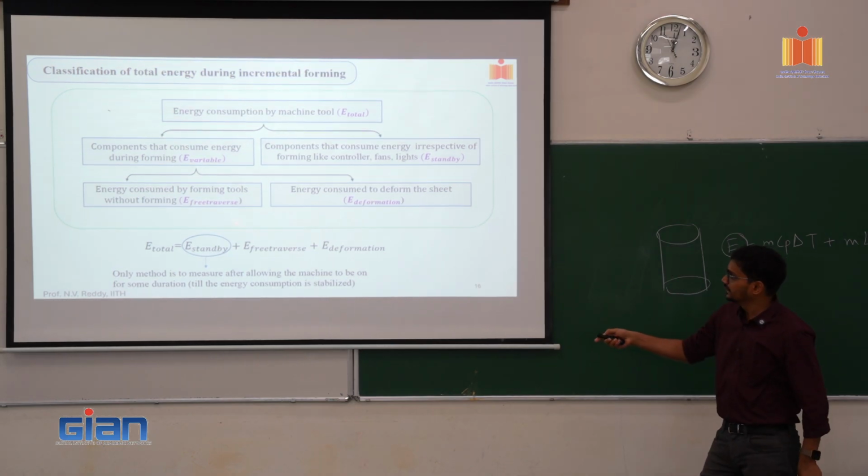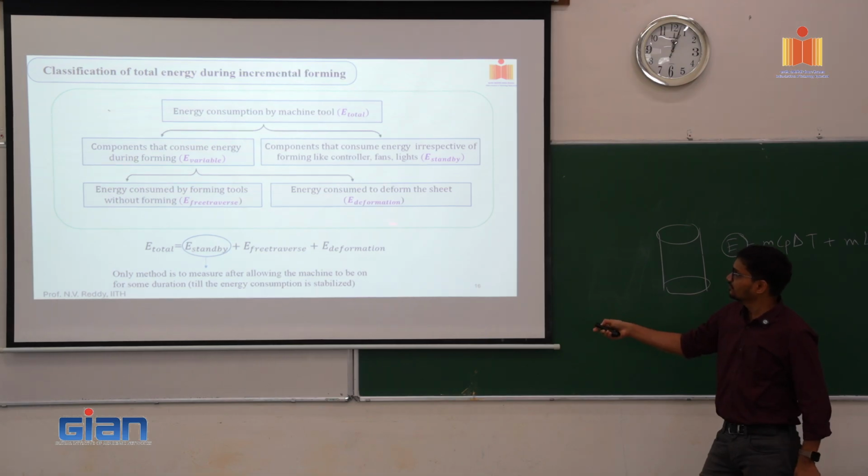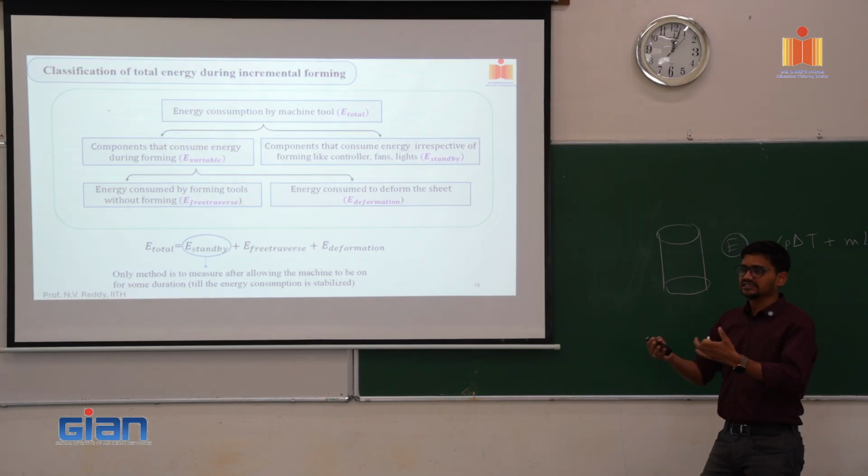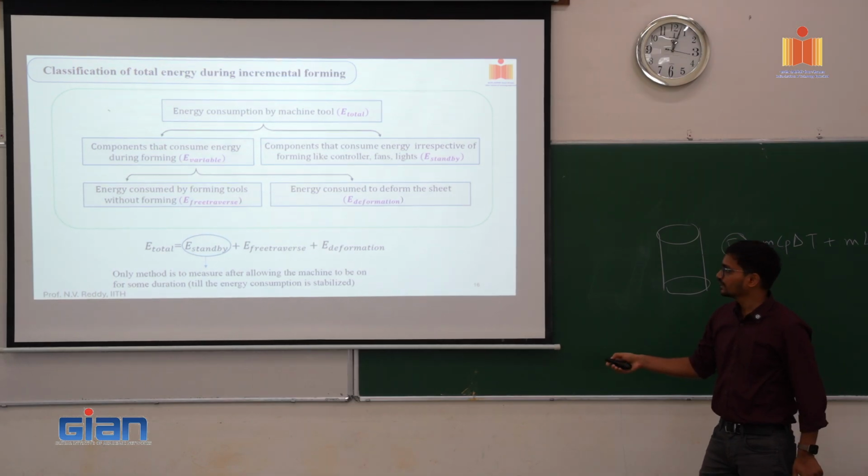The free traverse is the energy required for the movement of the tool when no deformation is happening, and the energy of deformation is the energy needed for the plastic deformation of the material. You can sum all these and get the total energy.